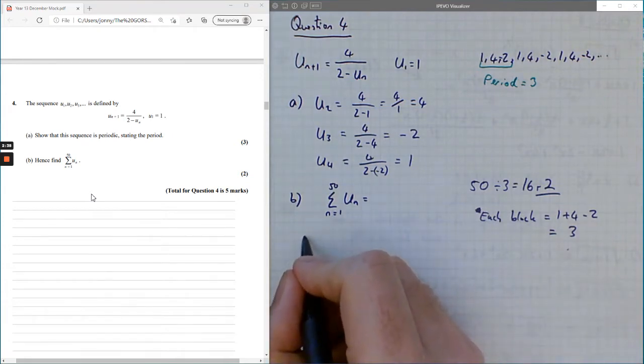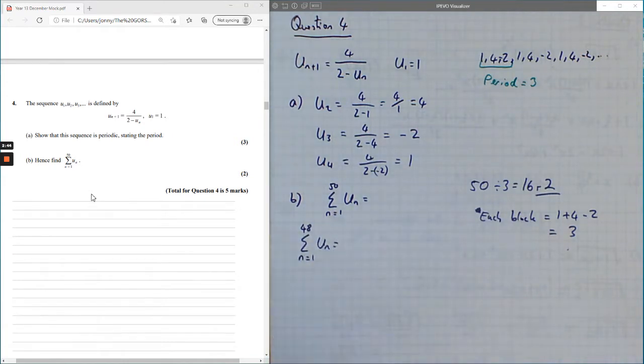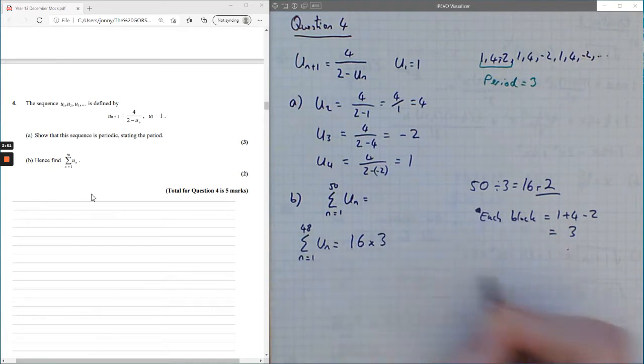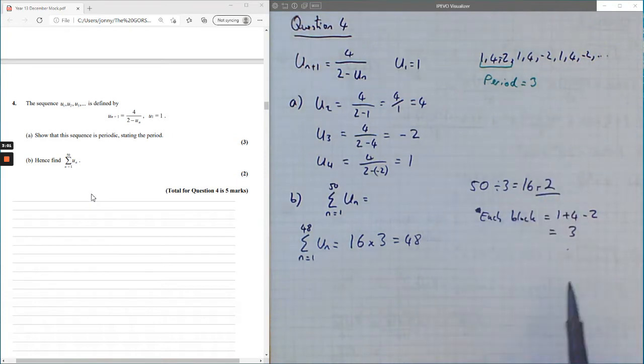So we can split it up into the sum of the first 48 terms, which is going to be 16, because there are 16 blocks of 3, and each block of 3 numbers is worth 3. So the first 48 terms, 16 lots of 3, is 48.